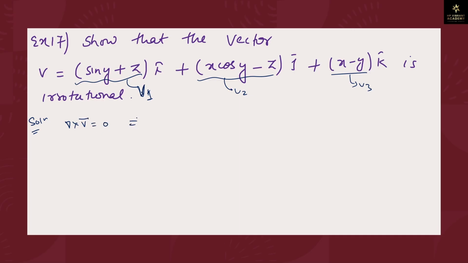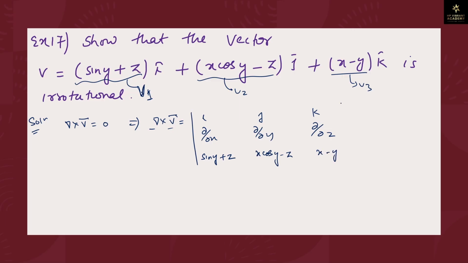So from here we have del cross v is equal to, this is i, j, and k. Let us represent the components of first vector and second vector. So this is del upon del x, del upon del y, this is del upon del z, and the second vector is this one. So v1 is sin y plus z, and this is x cos y minus z, and this is x minus y. So let us expand this.